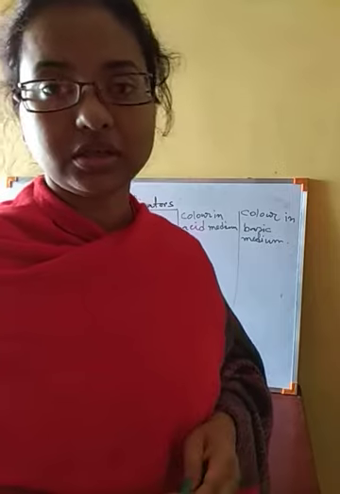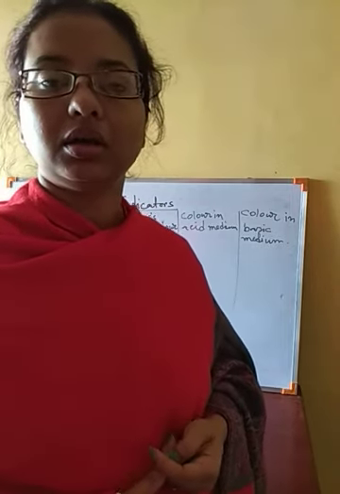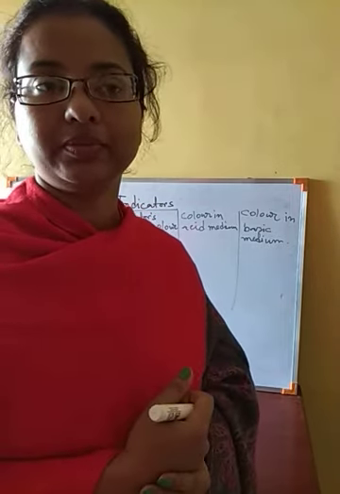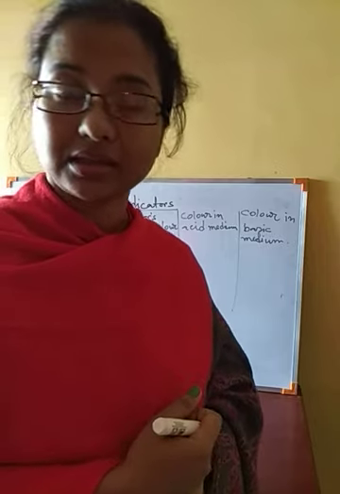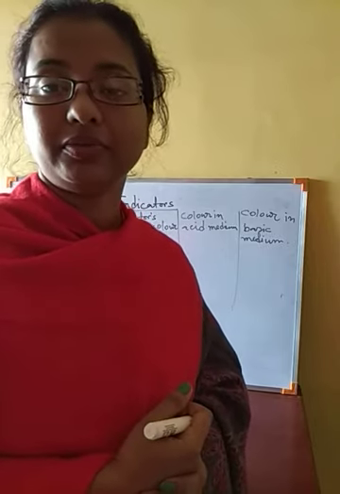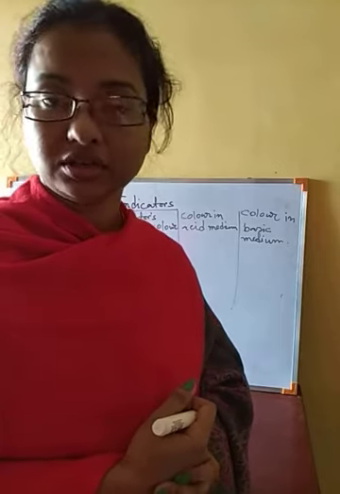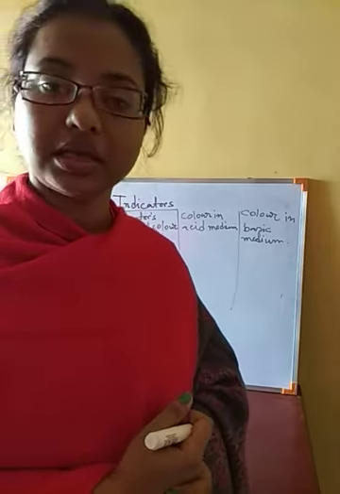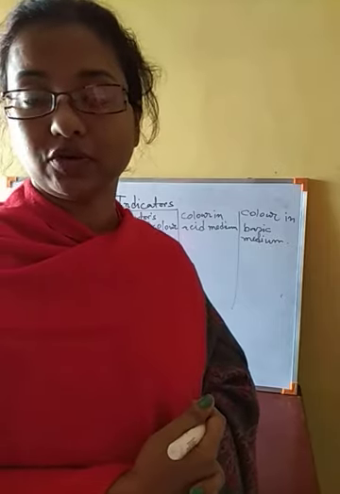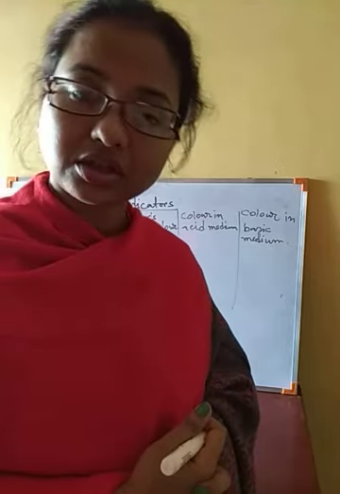Just do this project, and in the next class, as I said before, we will be starting the exercise of the chapter. The chapter is finished, and we are going to start the exercise in the next class. Okay, till then you complete this project.